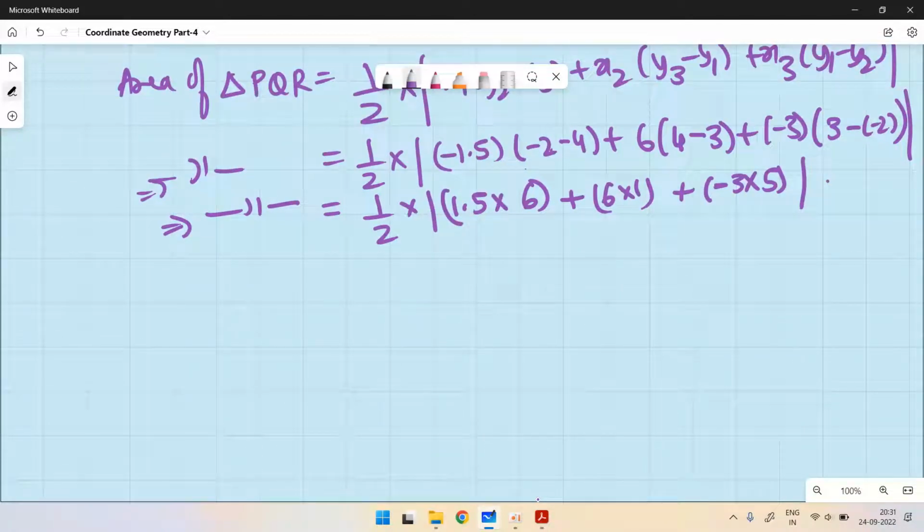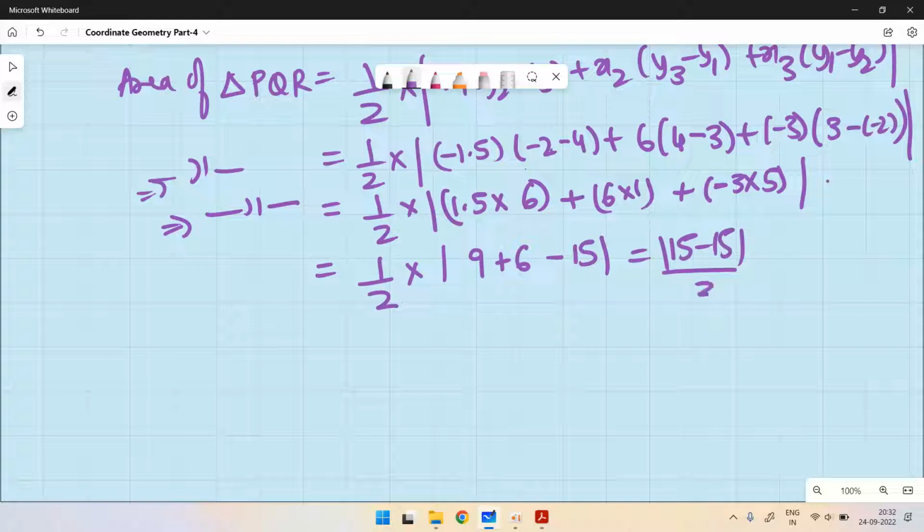Modulus is the function which always gives a positive value. So 1.5 into 6 is 9, plus 6 into 1 is 6, minus 15. So this is 15 minus 15, modulus by 2, which is nothing but 0 unit square. So this is giving the area as 0.